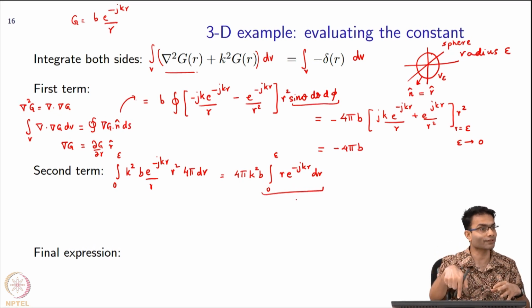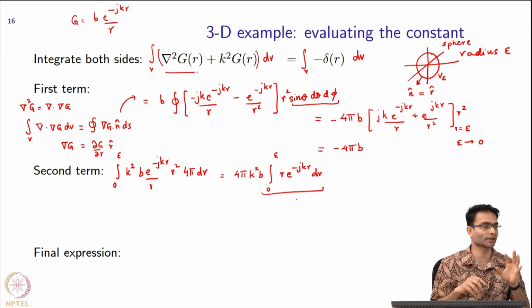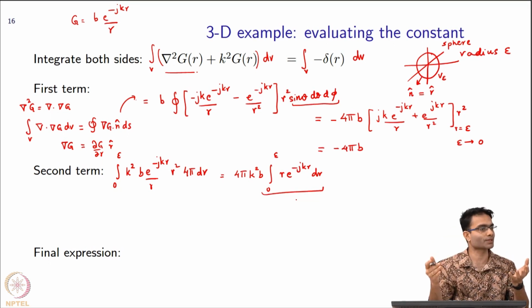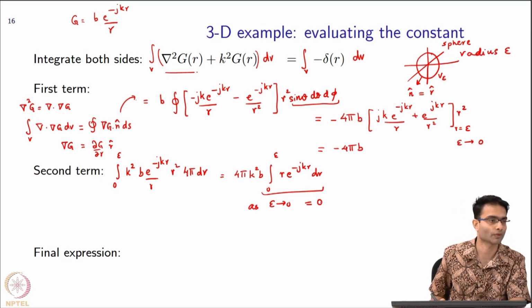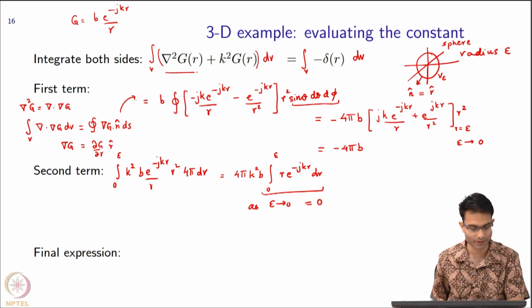Now, if there was a delta function in here, or if it were a log or something, then I would have to pay a little bit more attention. But here the integrand is finite, integrating over a finite volume which I will set to 0. So, these kinds of tricks you should use and just say that as epsilon tends to 0, this is equal to 0, and you can manually verify by doing this integration.